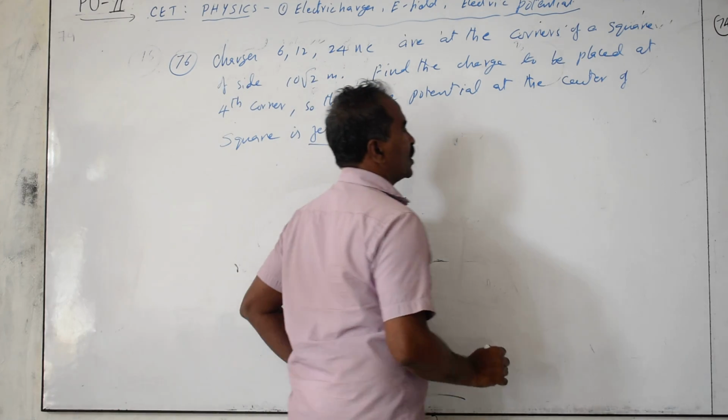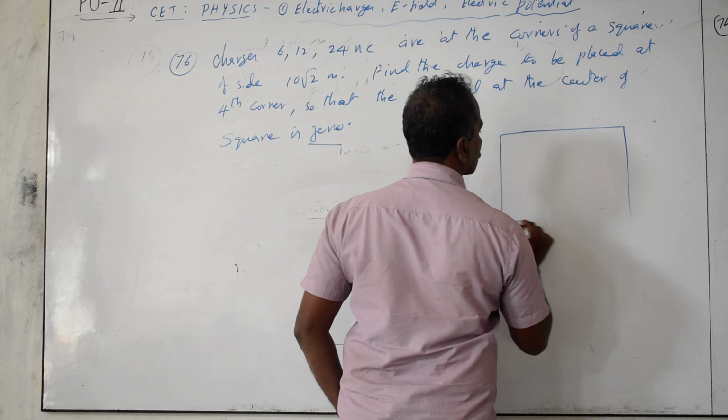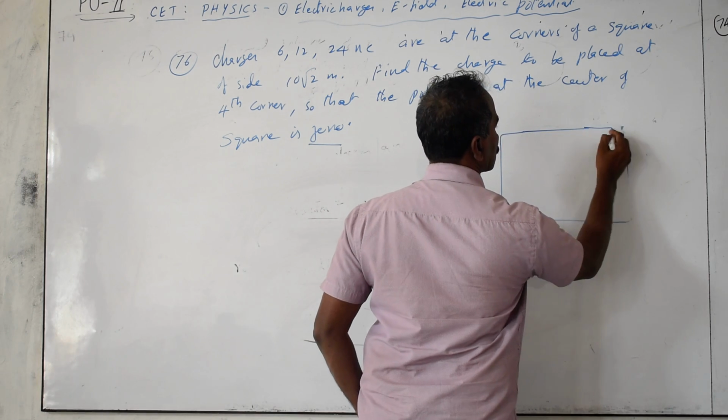You are given 3 charges out of 4 corners. Charge is a scalar, potential is also a scalar.